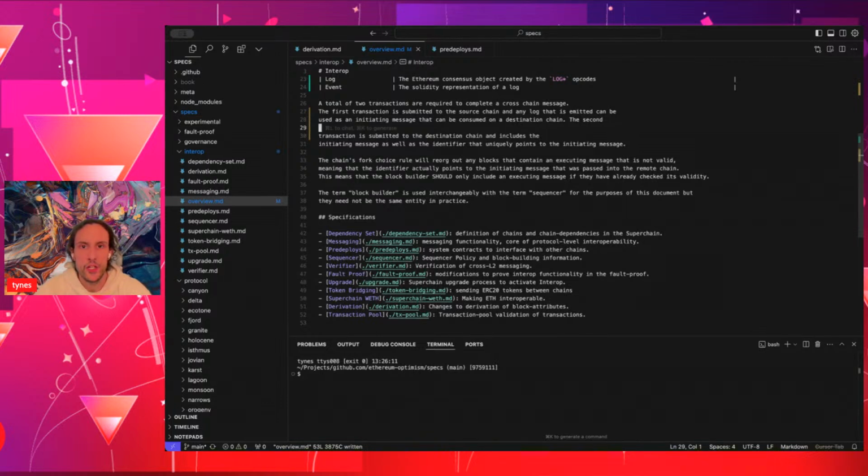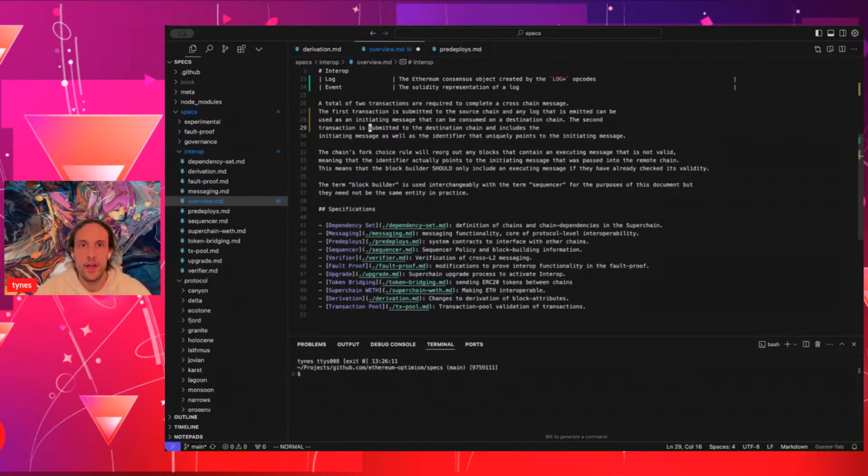The second transaction is submitted to the destination chain and includes the initiating message as well as the identifier that uniquely points to the initiating message. I don't think that reads well.